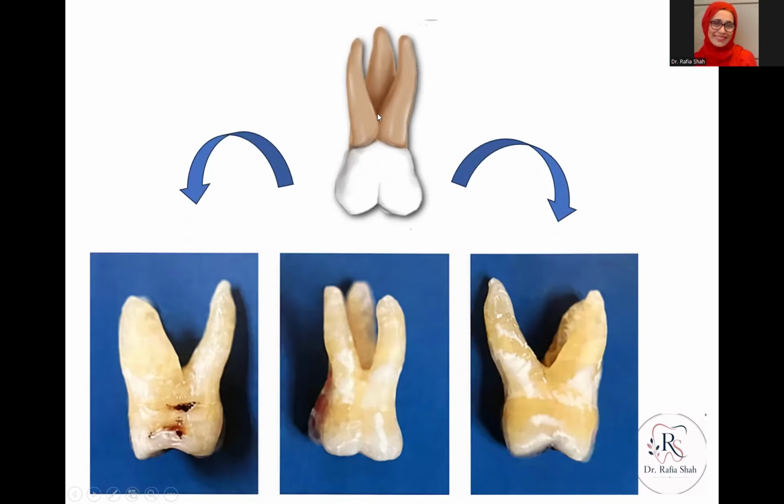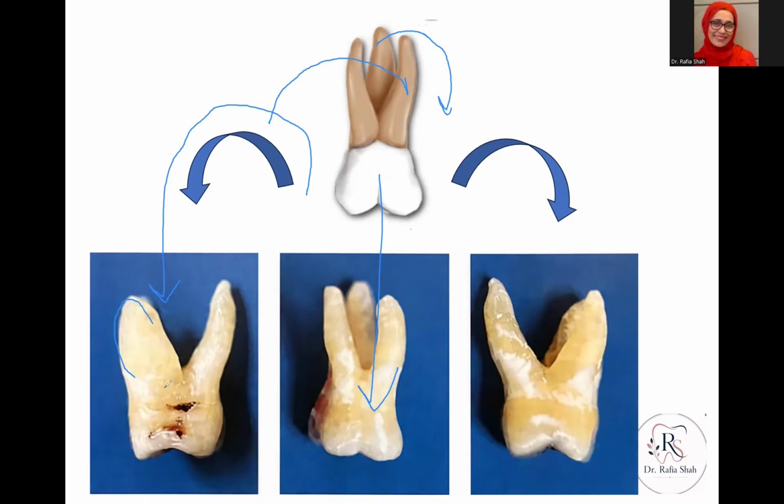This is actually the angle of the tooth we are looking at right now. If I turn the tooth in some other direction, if I turn these buccal roots this way and the palatal root to the other side, then I will have this view of the tooth.